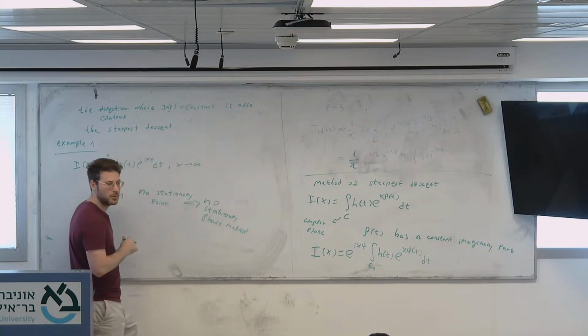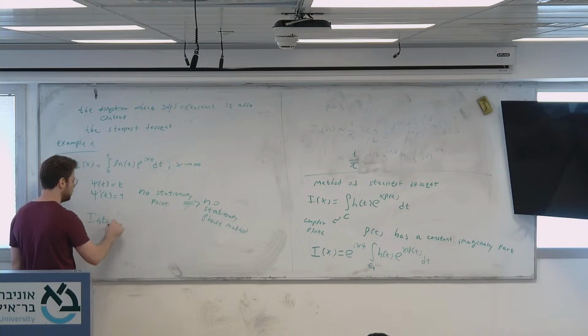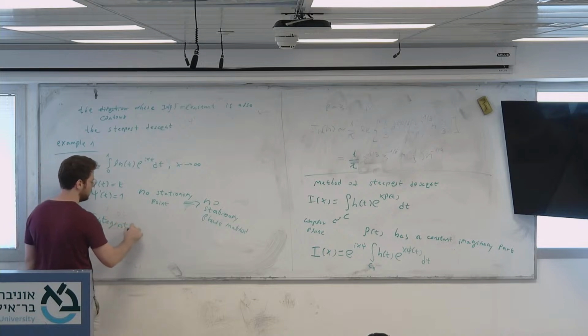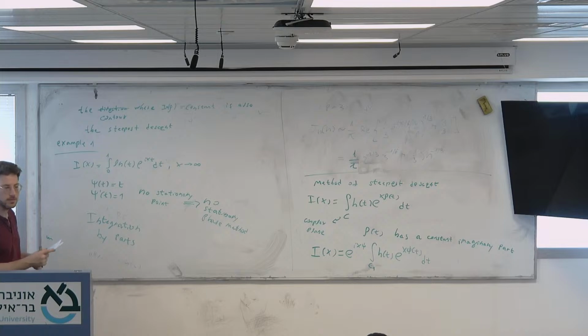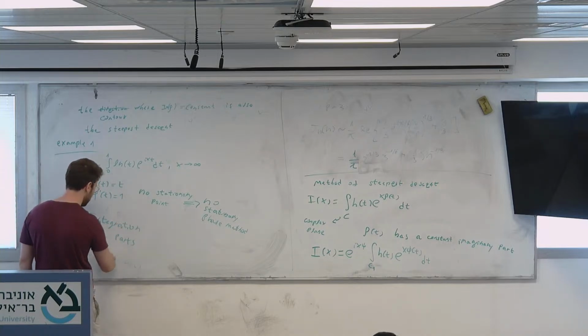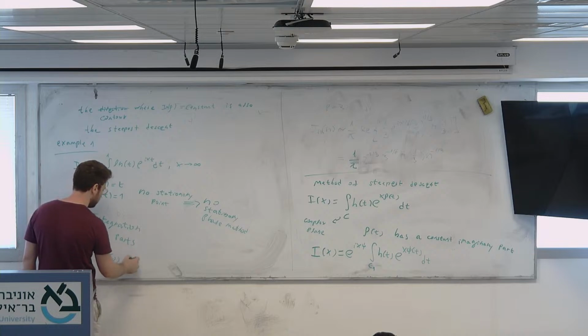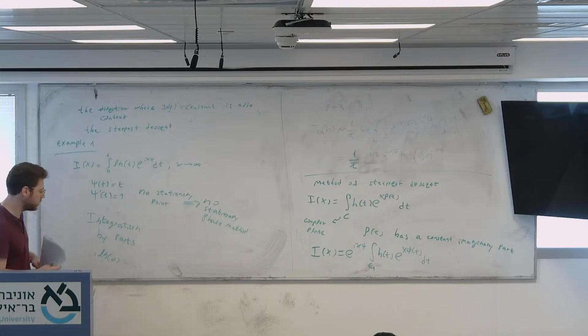And also integration by parts fails. Why does it fail? You can see it immediately: ln at 0 doesn't exist, so you can't use integration by parts.